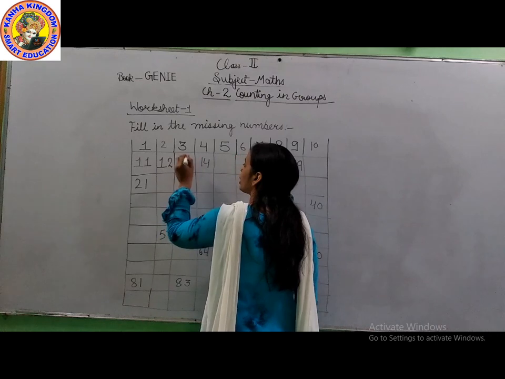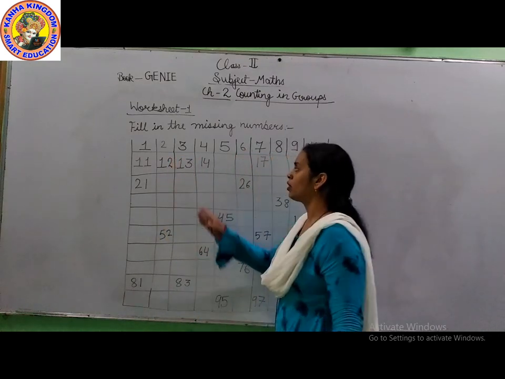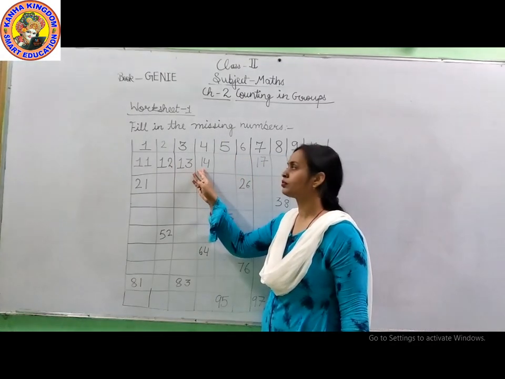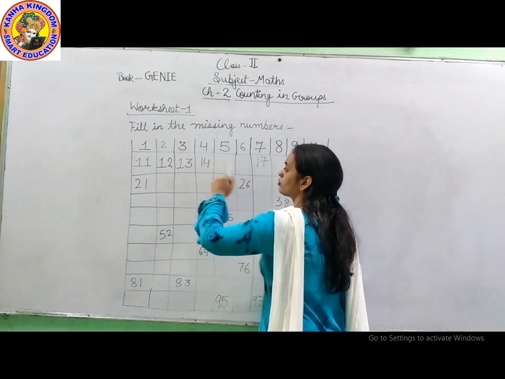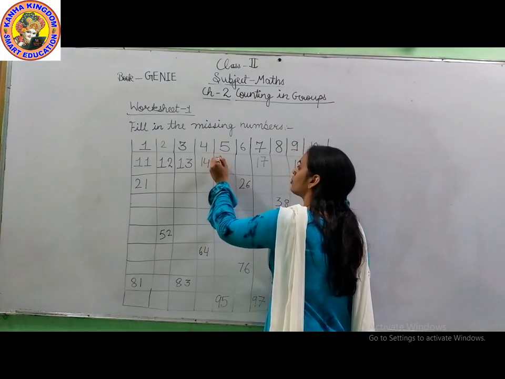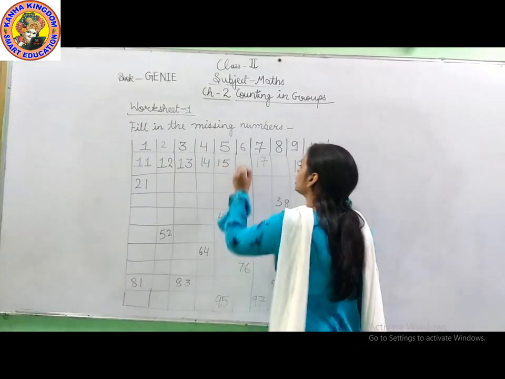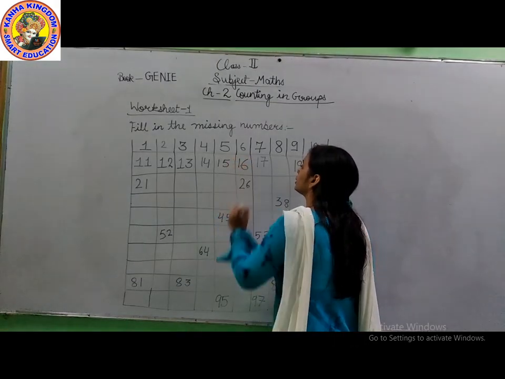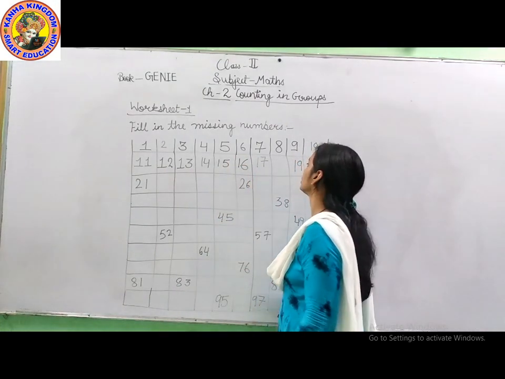What comes after 12? 13. 14 already written here. So now 14 is the after number of 13. Next, what comes after 14? 15, then 16, 17 already written here.